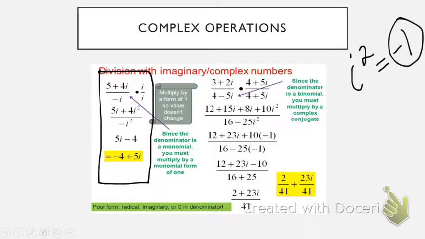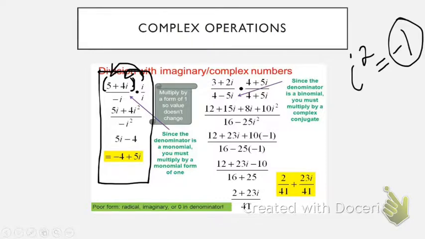So, for this example right here, I'm just going to talk you through it. We multiply by an i. What you do to the bottom, which is the denominator, you must do to the numerator. And if you notice, what they did was they distributed this i into each term in the parentheses. I added the parentheses.